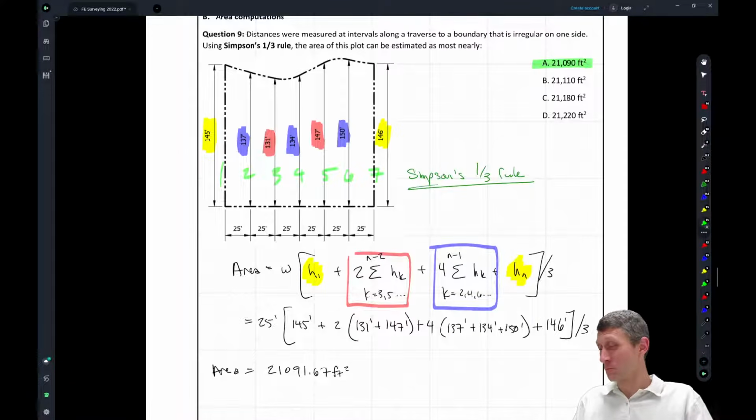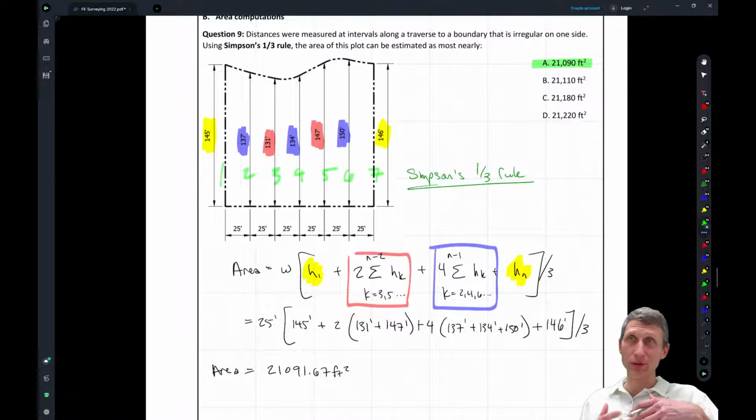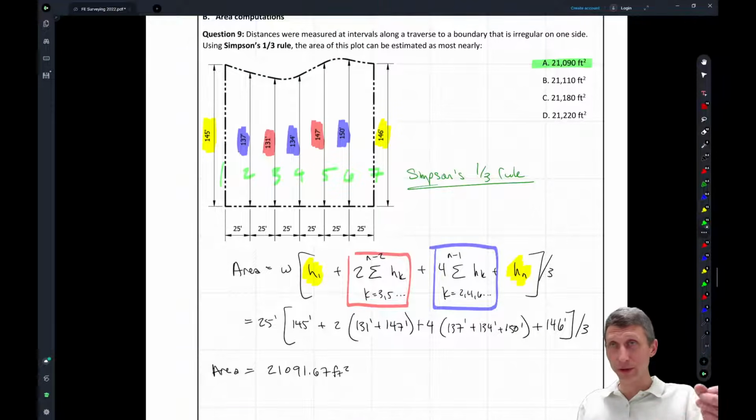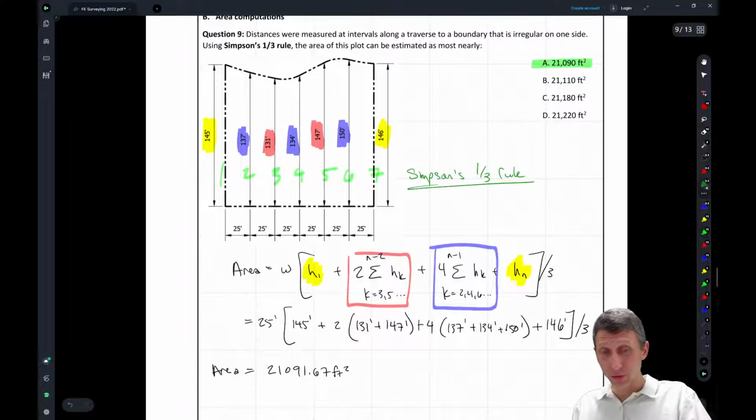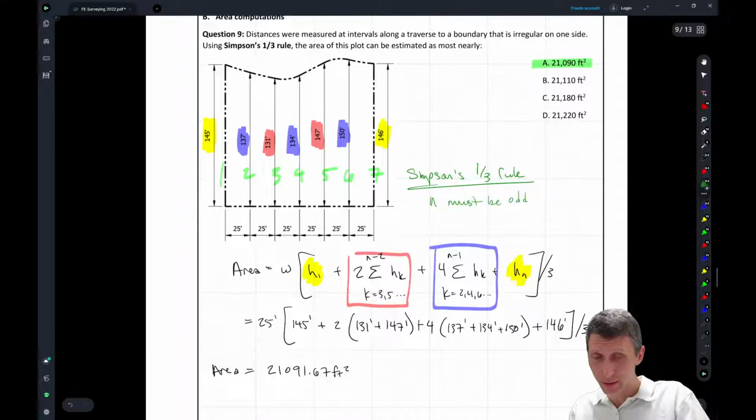Okay. So either way, I wanted to show you how these formulas work in case you get a specific question on Simpson's rule or trapezoidal rule. They hopefully shouldn't be a mystery. They should be fairly easy points that you can get. So one thing to point out is Simpson's rule: n must be odd.